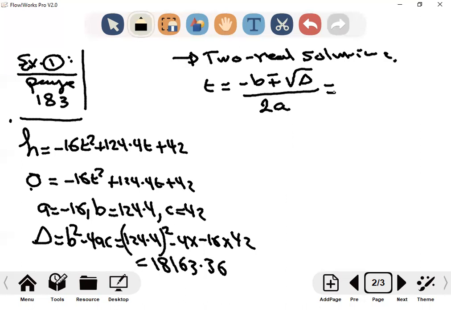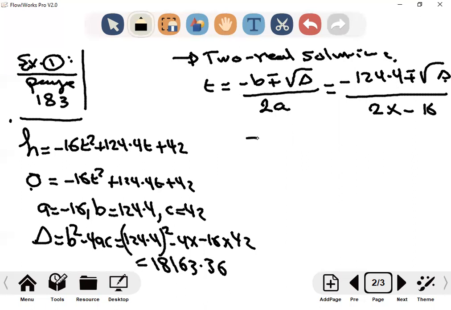So this equals minus b, which is 124.4. So minus 124.4 plus or minus the square root of delta. What's delta? 18163.36. All over 2 times a, which is negative 16. So minus 124.4 plus or minus how much?